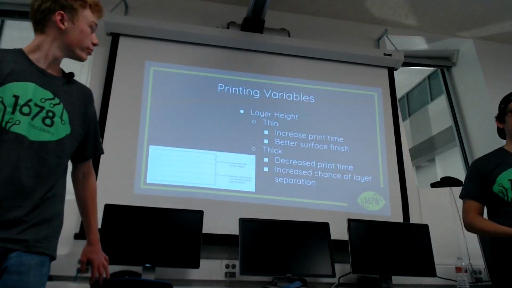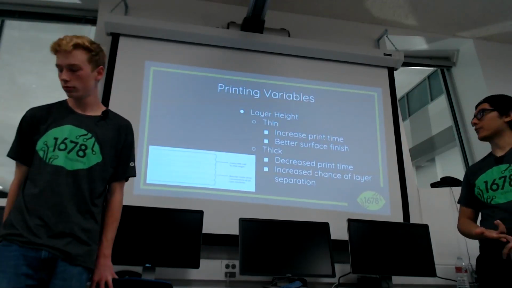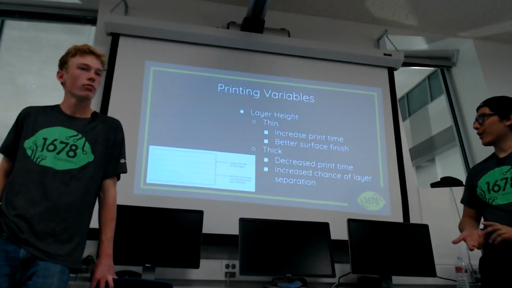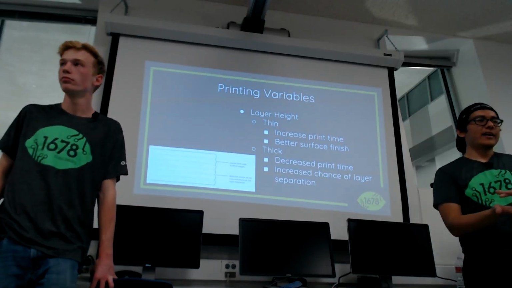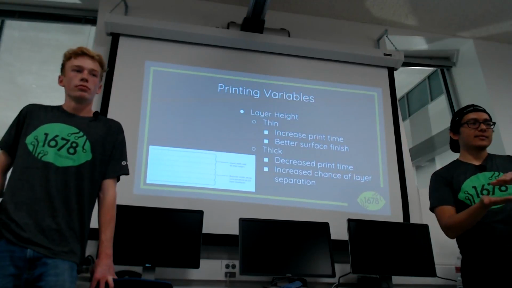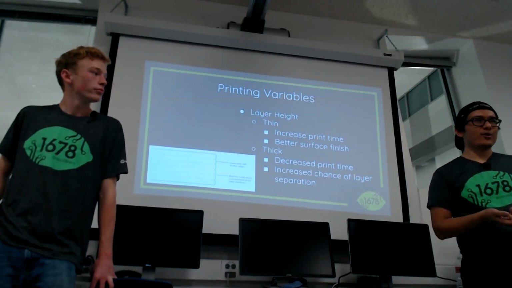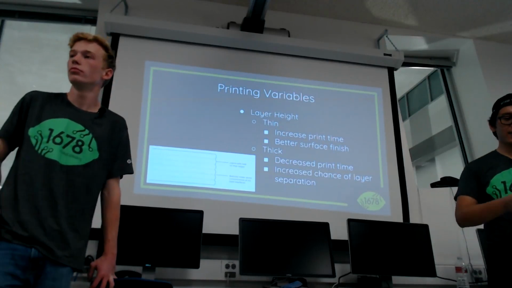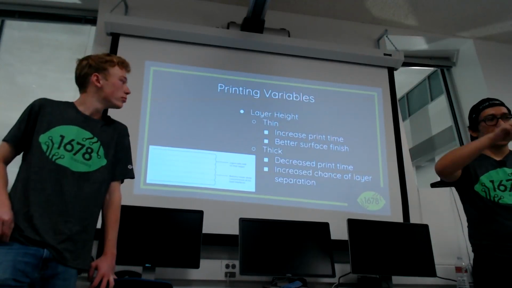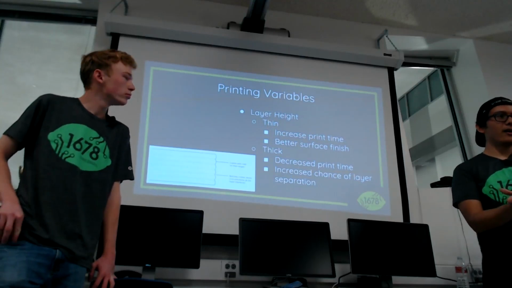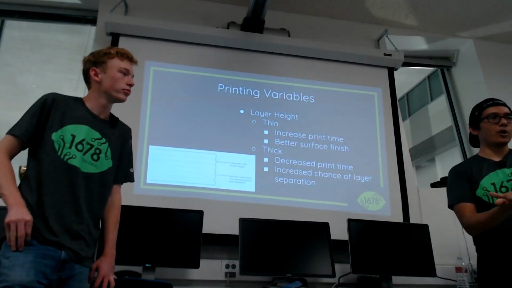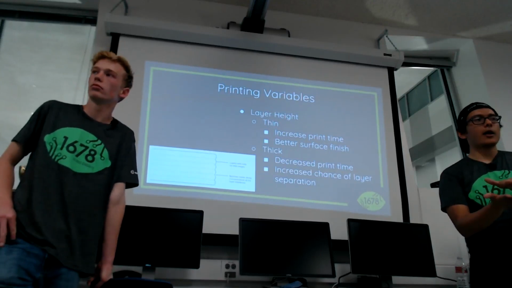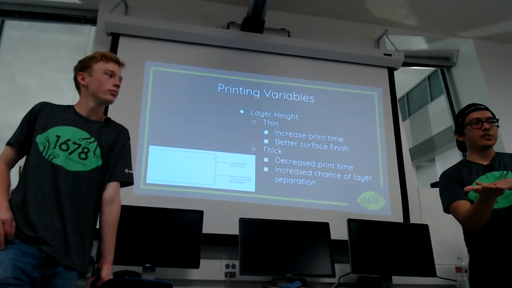All right, so there's a bunch of different variables that come into play while 3D printing. The first one I'm going over is layer height. The layer height is how thick each layer is, and there's no general rule for how it improves strength. It's a parabolic function. If you go really short in each layer and your layers are much smaller than your nozzle diameter, you end up with a lot of fusion.